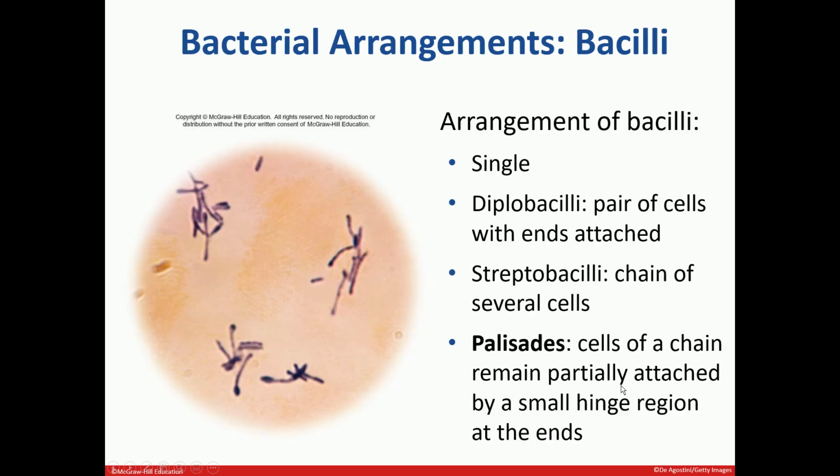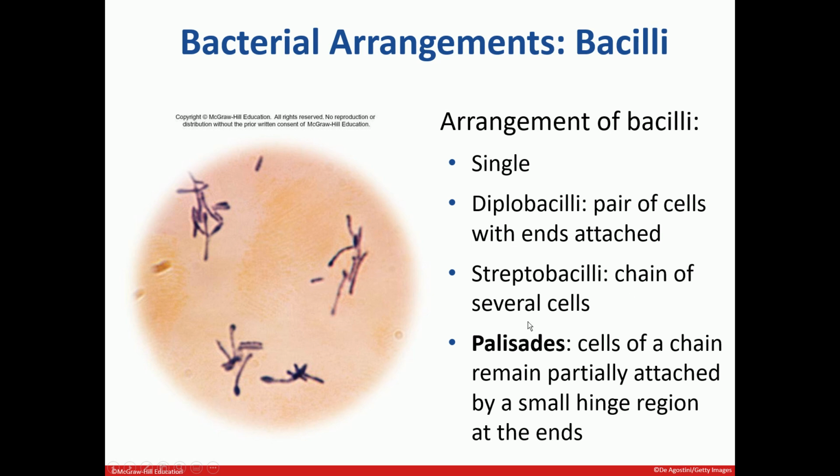Now we're going to talk about the arrangement of rods or bacilli. They can exist as single. They can exist as a pair of cells, 2 rods together, diplobacilli. Streptobacilli, when the rods exist in chains.